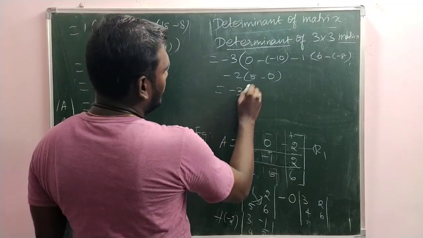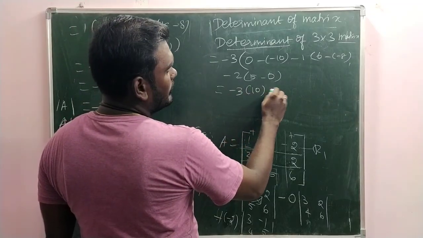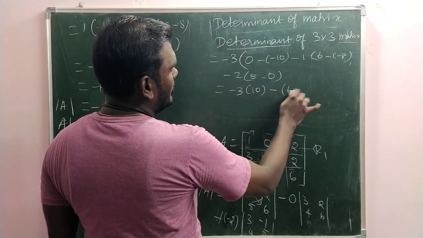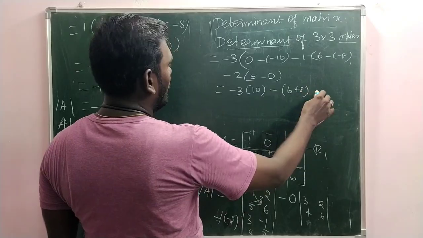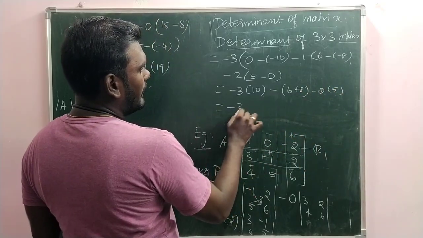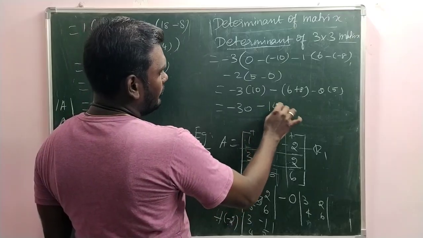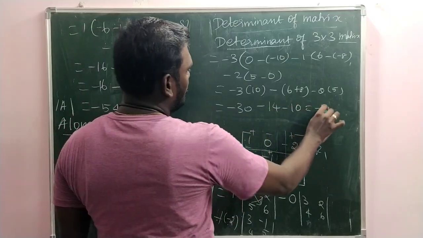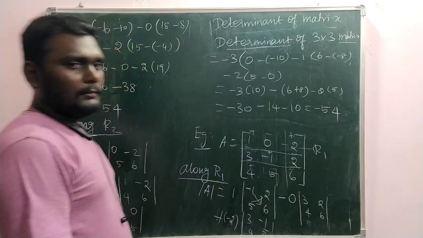So this is minus 3 into 10, this is minus of 6 plus 8, and this is minus 2 into 5. So we'll get minus 30 minus 14 minus 10. How much is the answer? Minus 54.